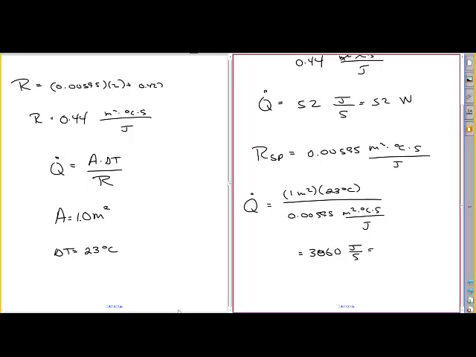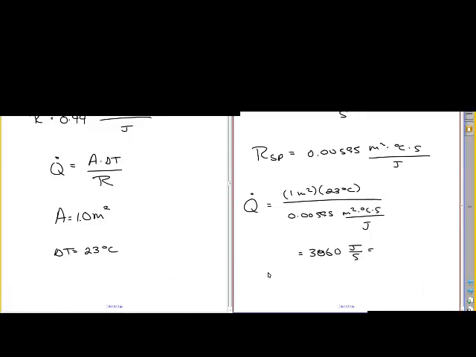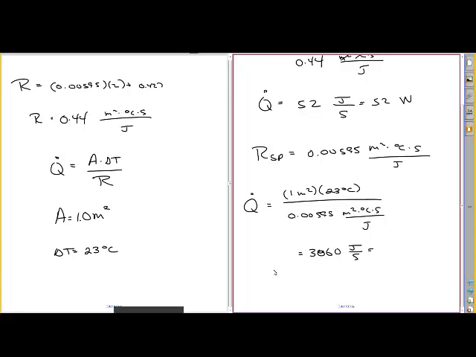Make sure that's right. Just check the answer again. 1.9 kilowatts. They said 1.9 kilowatts. Okay, what did I do wrong here? Oh, they said if it's twice this thickness. Instead of having two thinner panes, you just have one thicker pane. So it would actually be half of that.